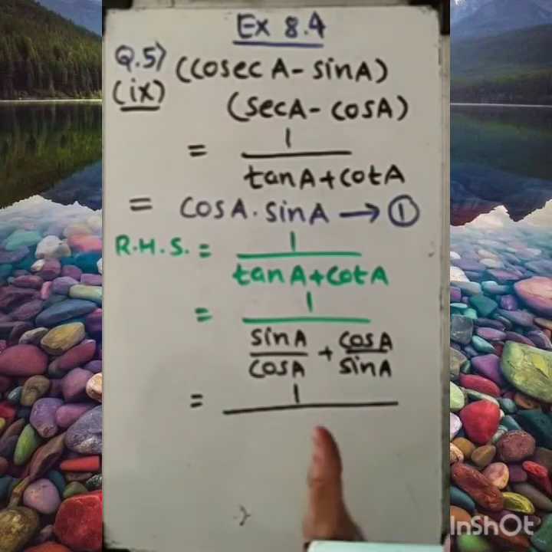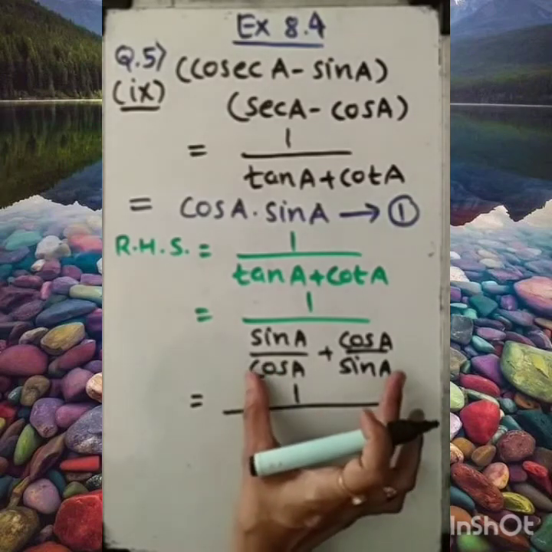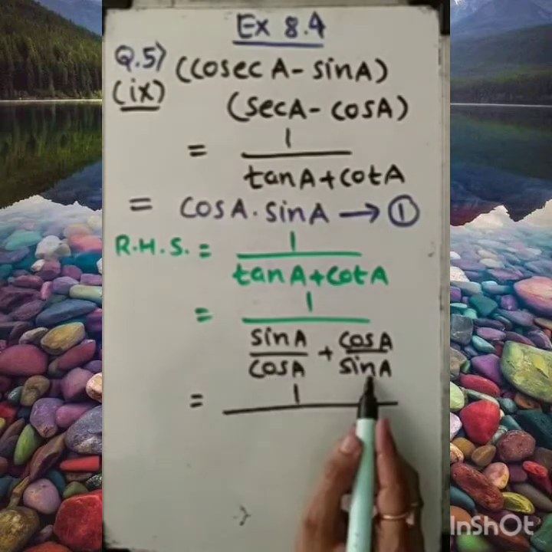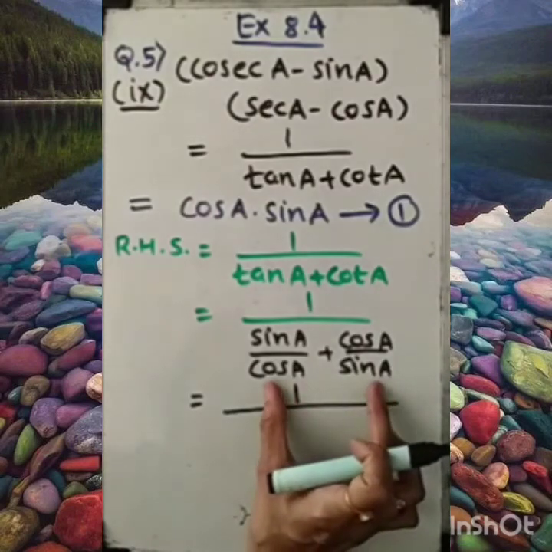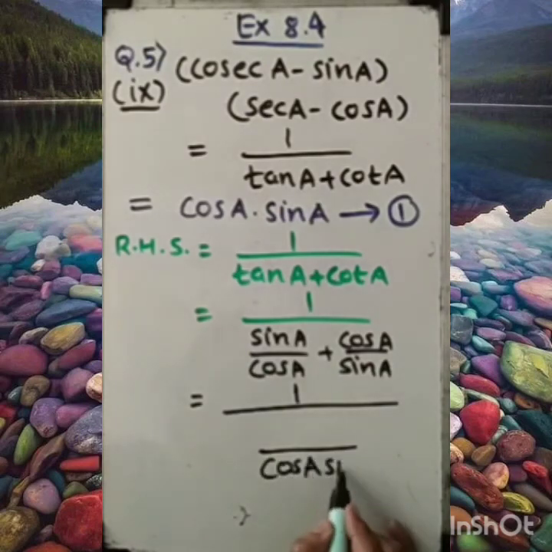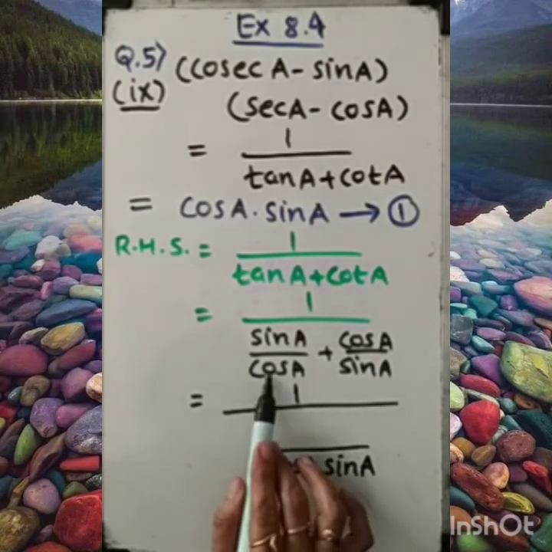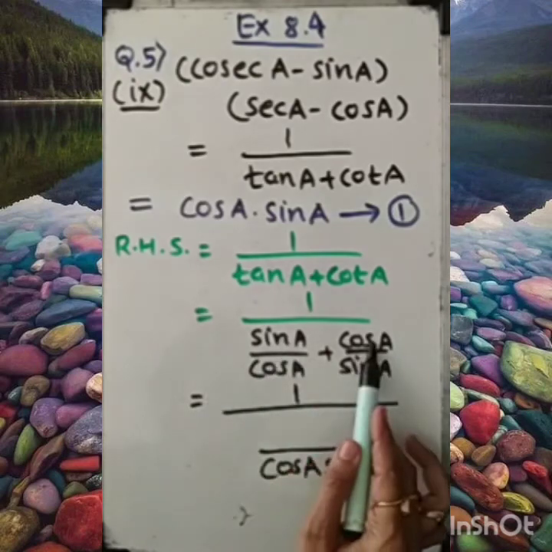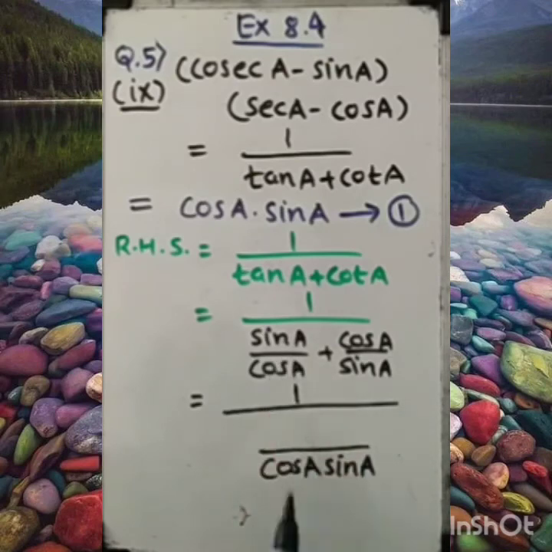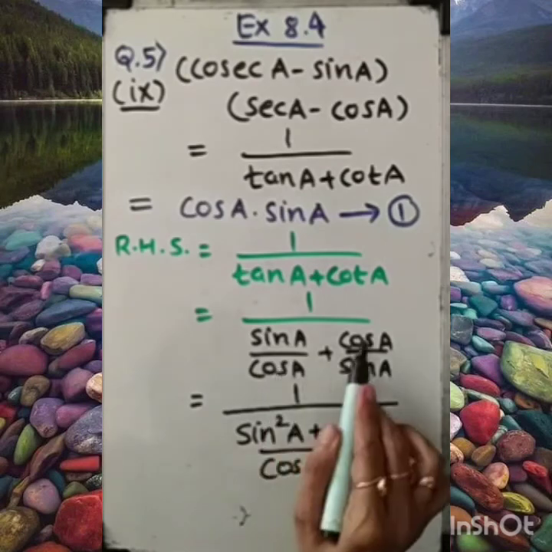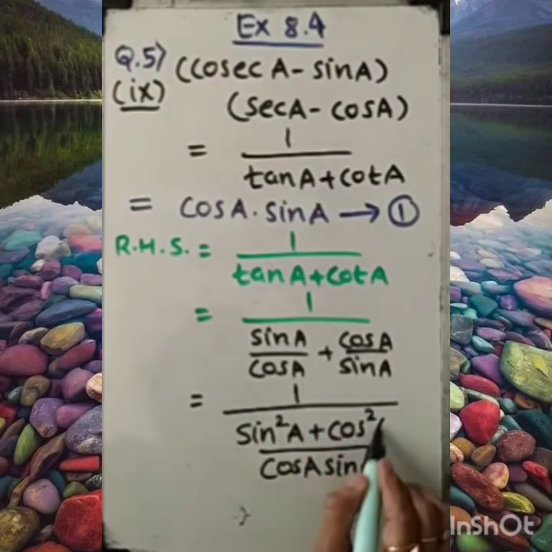It is a denominator, so take the LCM of it. The LCM of this portion will be cos A into sin A. Here cos A is already there, so I need to multiply with sin A, and here I need to multiply with cos A. So sin A into sin A becomes sin square A, and cos A into cos A becomes cos square A.